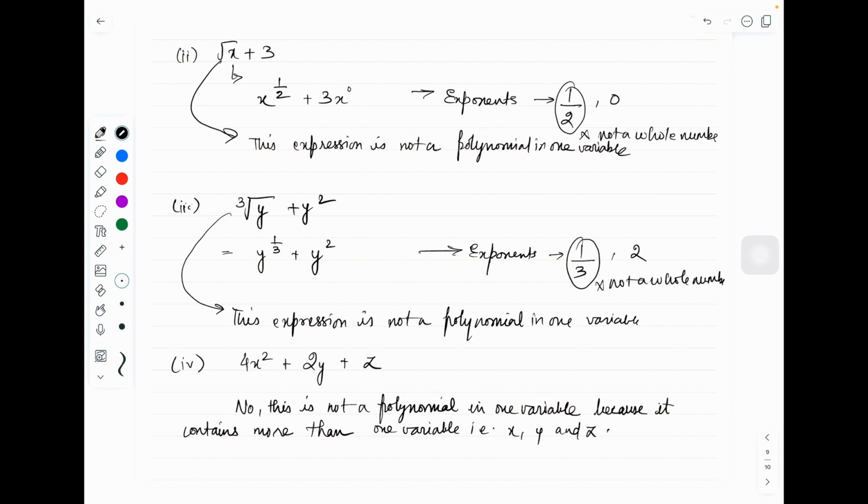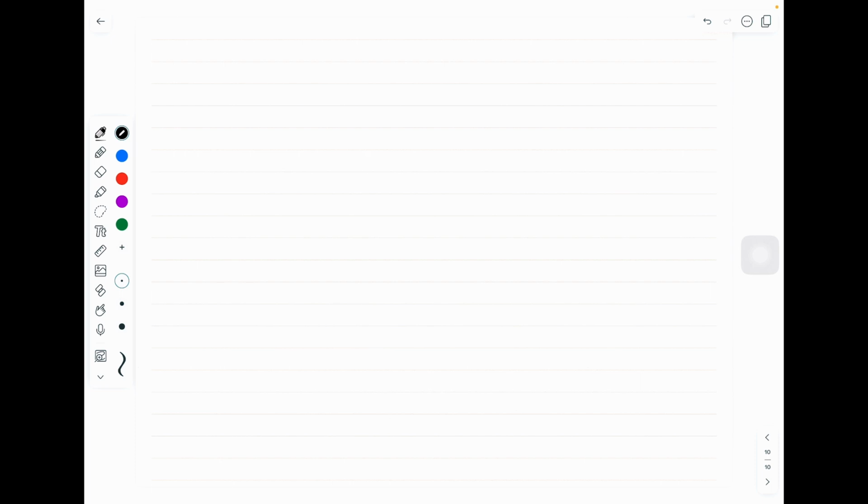In those earlier cases the exponents were not whole numbers, but here in this expression there is more than one variable. X is there, y is also there, z is also there. That is why this is not a polynomial in one variable.